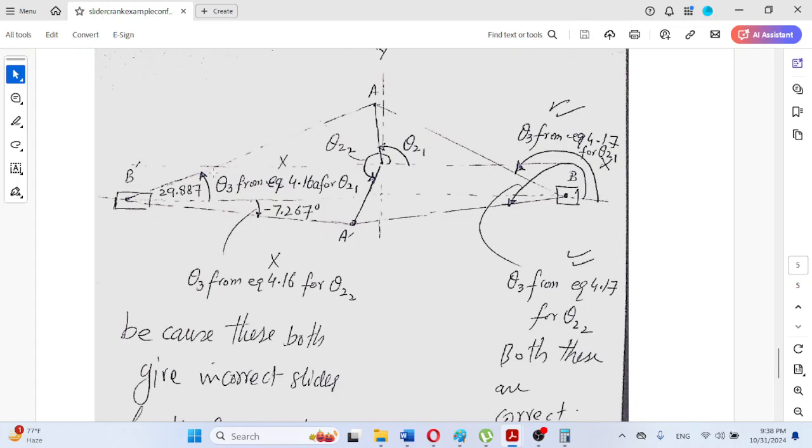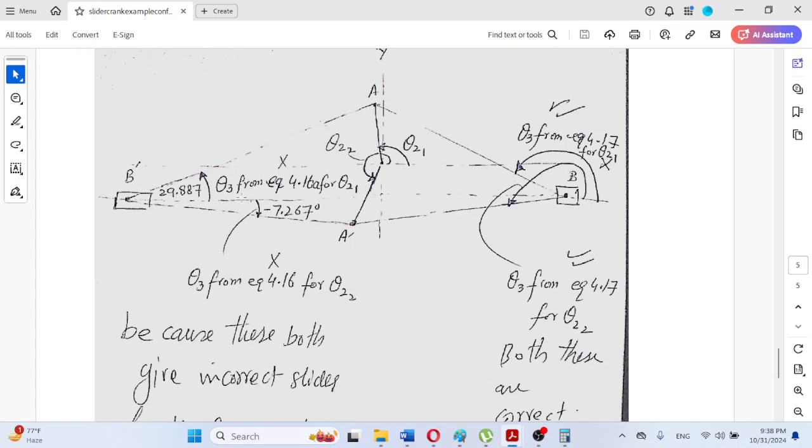So here we can observe the incorrect values have also been plotted. This is actually the value of theta 3 from equation 4.16a for theta 2 1, means upper circuit.